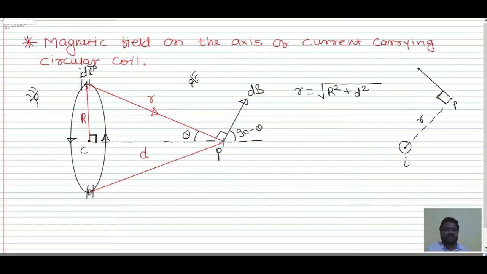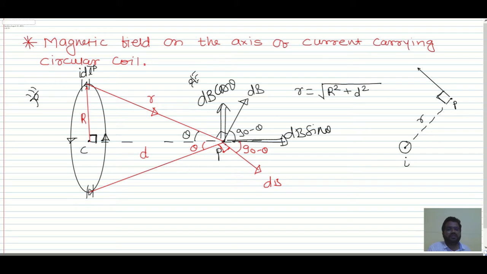So I will draw it in this manner. As you can see over here, this angle is theta because it is symmetrical, then it is 90, and this must be 90 minus theta. Okay, so for every dB element there is another dB element, and we can have two components of it. One is dB cos theta and the other one is dB sin theta.